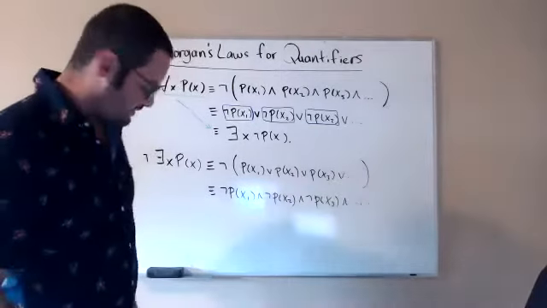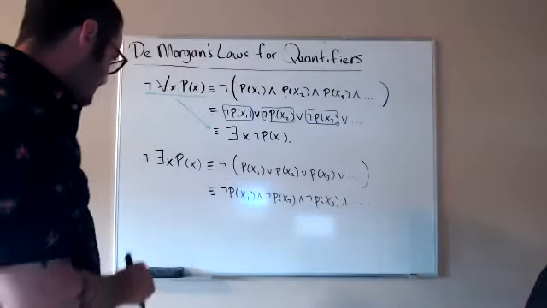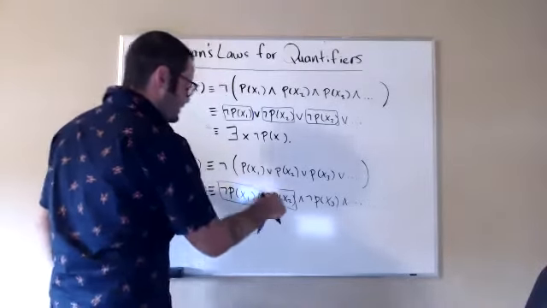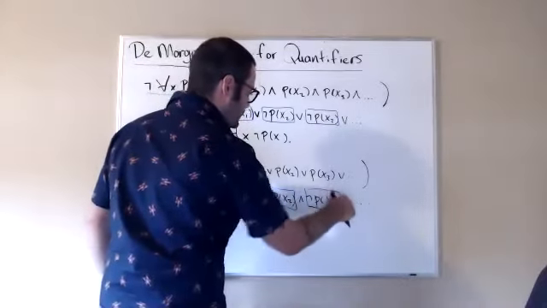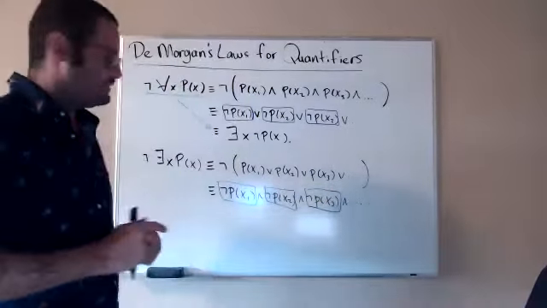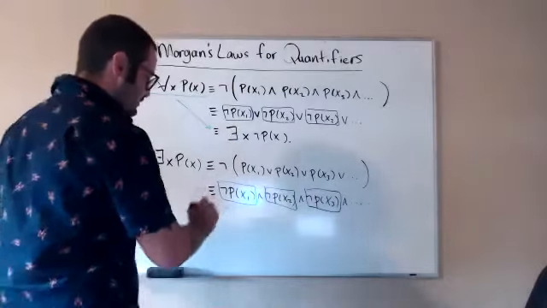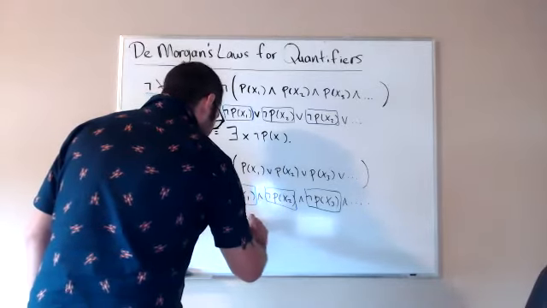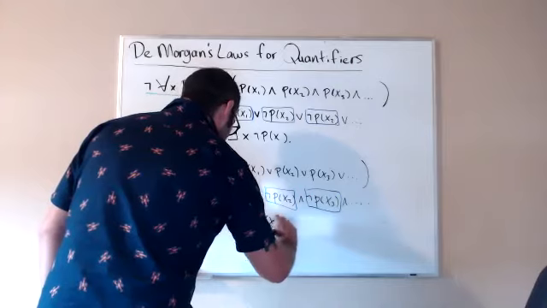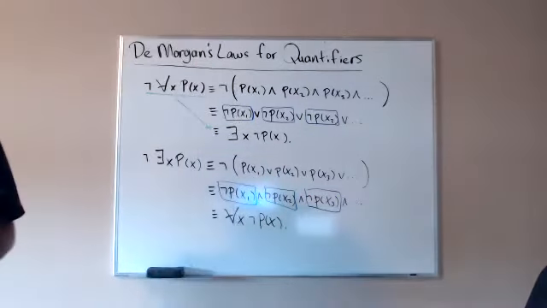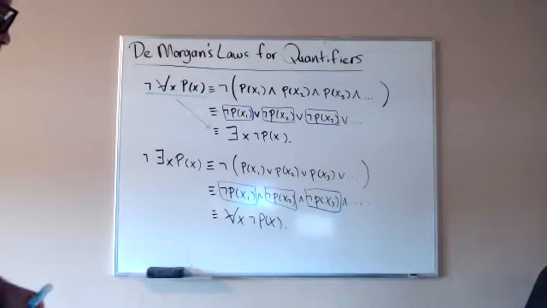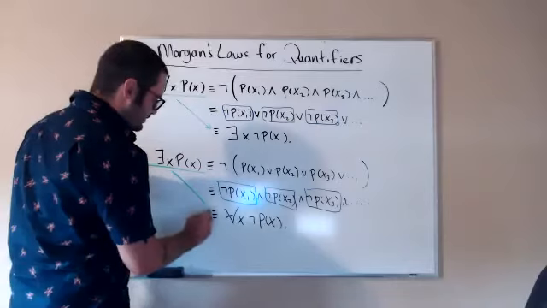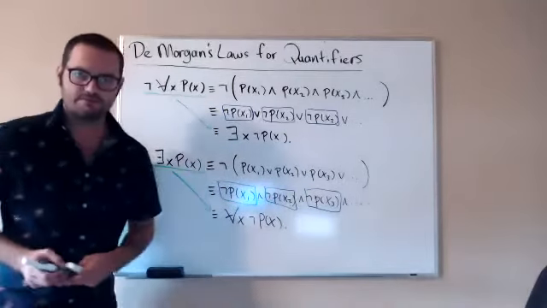But then again, we have a proposition and another proposition and another proposition, for all elements in the domain of P, so what this becomes is the universal quantifier. So this becomes for all x not P of x. So when you negate the existential quantifier, you get the universal quantifier of the negations.